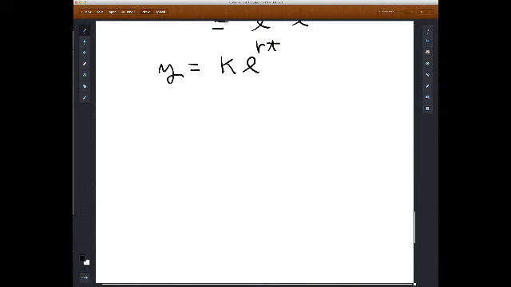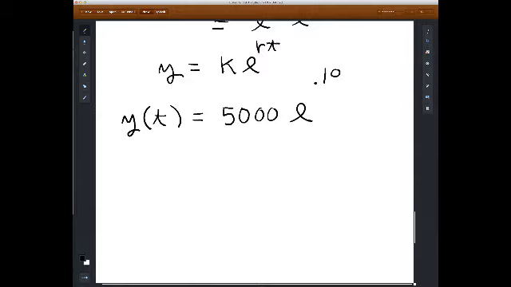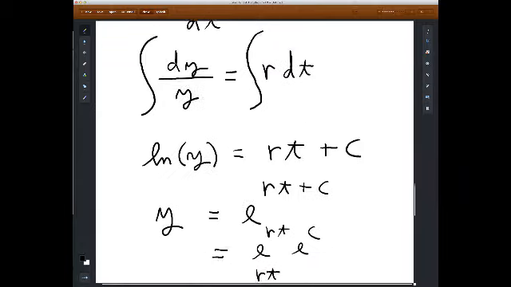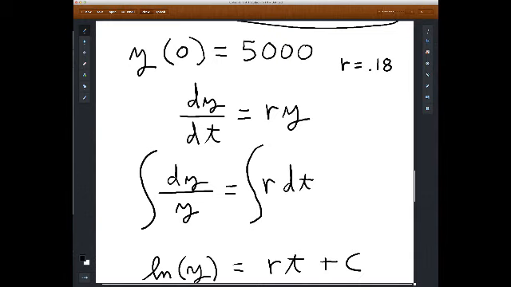Now, we're given the information that y at time 0 is 5,000. So we can clearly see that the equation for the amount of money in this account at time t is given. Oops, I think I wrote the wrong thing down here. Hold on. I wrote down 18%. Actually, the interest rate was 8%, so I must redo this.